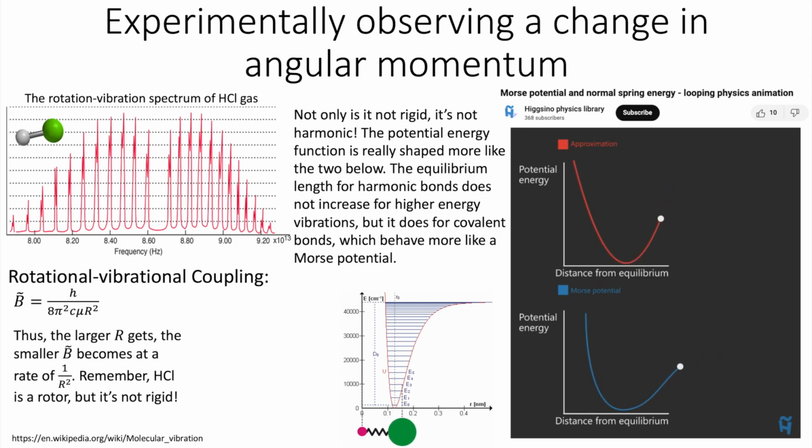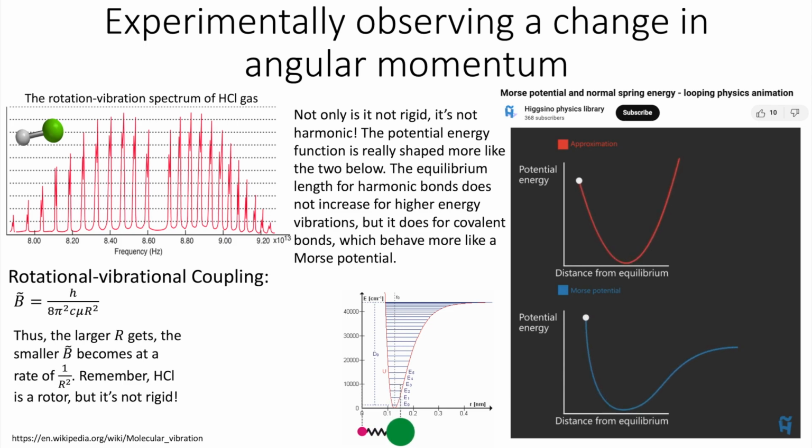And that expectation value of your bond length will actually go up for higher energy states. As we said with the model system, the harmonic oscillator, no matter how high the energetic state goes, the expectation value for the bond length is the same. But this is not actually how it goes with a physical system, in particular this very simple physical system of HCl gas.